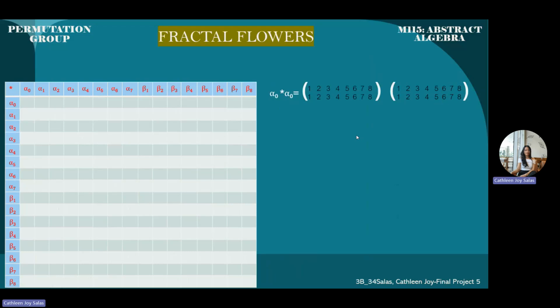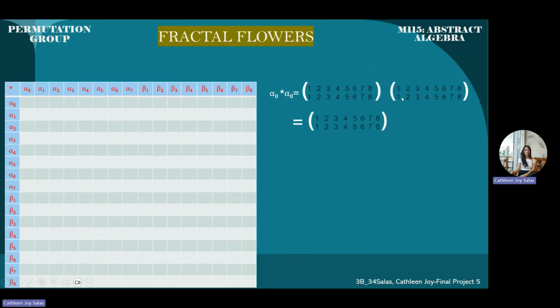So let us perform the permutation multiplication. So for 1, we have here 1 is to 1, and we have also here 1 is to 1. Therefore, the product of this permutation is 1. That is why we have 1 here.